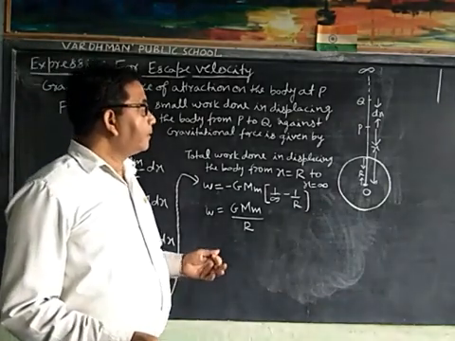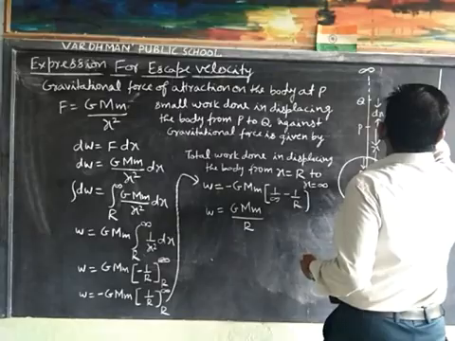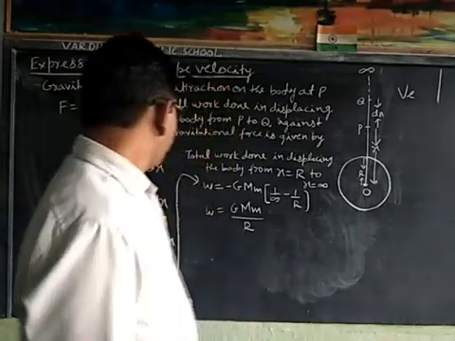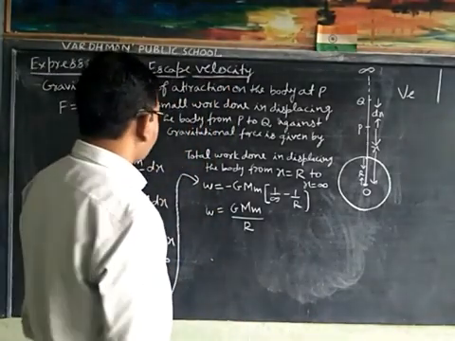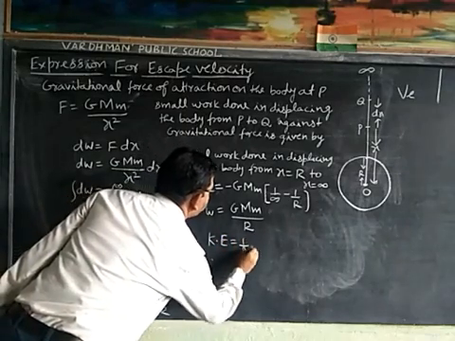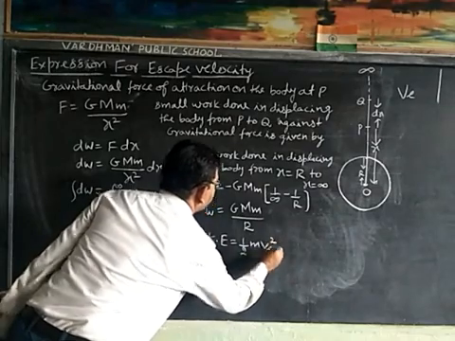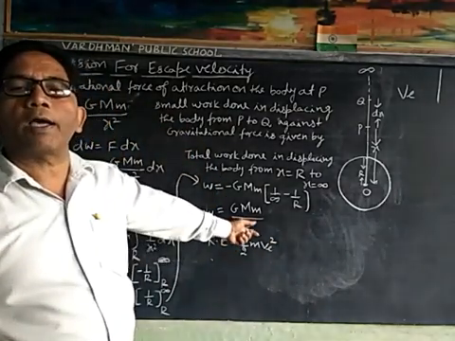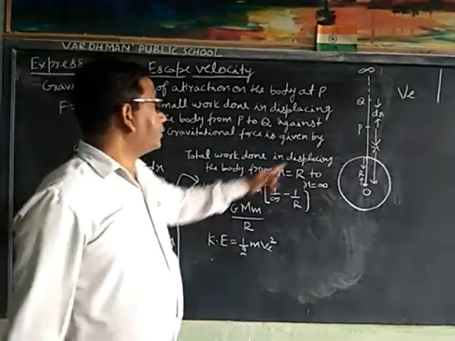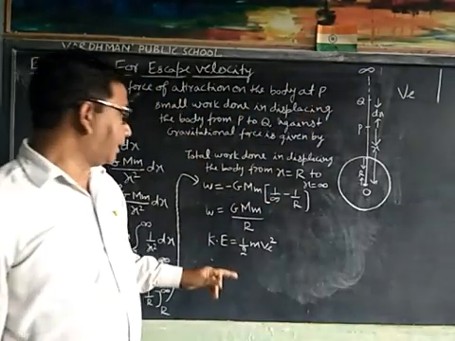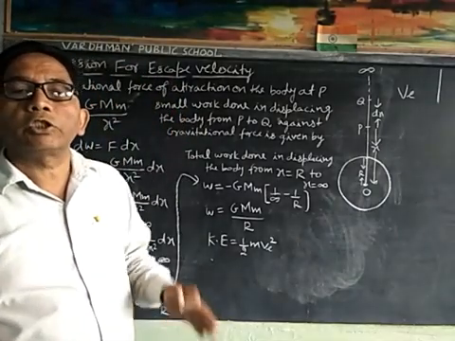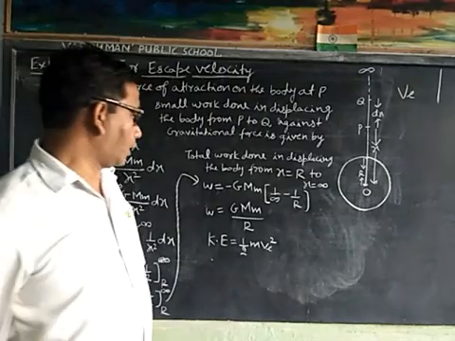If VE is the escape velocity of the body, then kinetic energy half m VE square is imparted to the body on the surface of earth, just sufficient to perform this work.